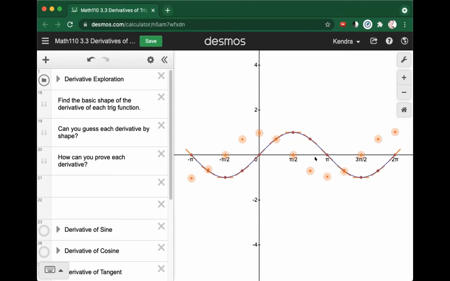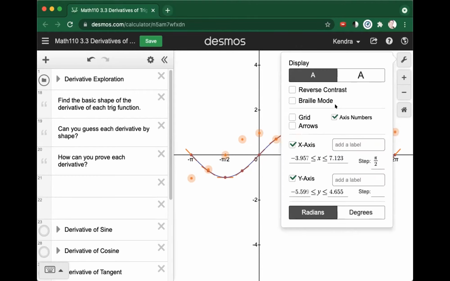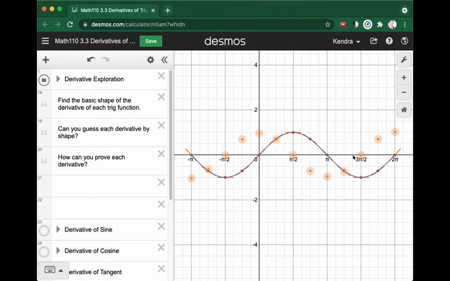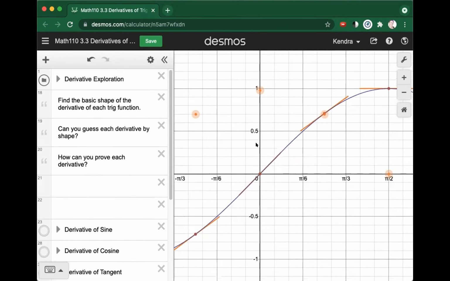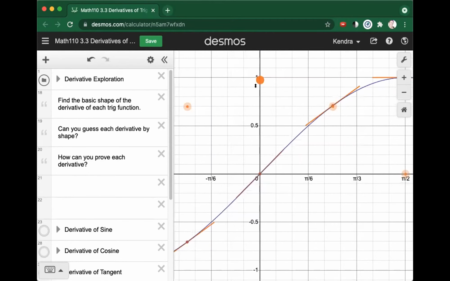Now looking at this, if I put on the grid, now looking at the values of these little orange dots, it does actually look like the maximum slope here is 1. And if I zoom in here and wiggle this a little bit, it really does look like the maximum value is 1 there.